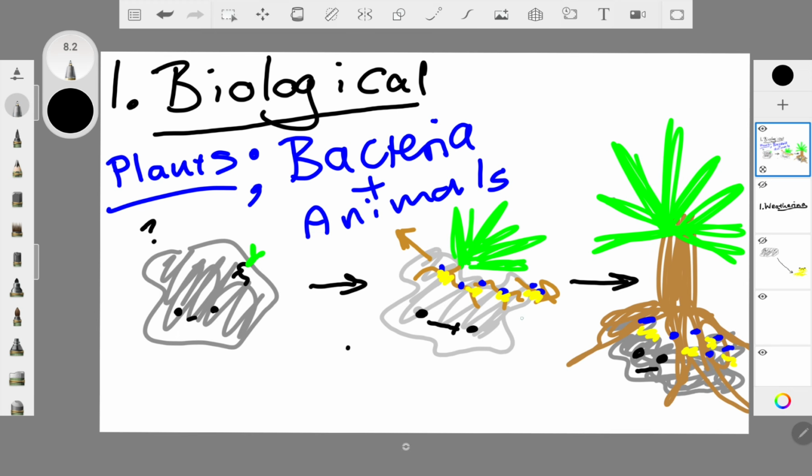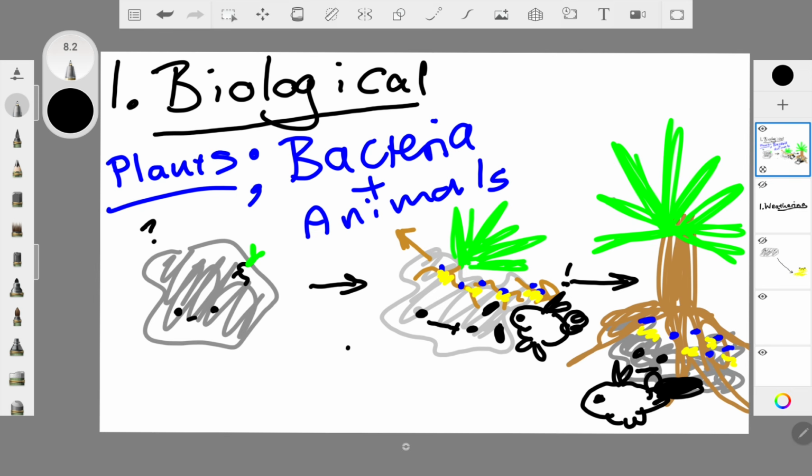So let's say we've got a little rabbit. He sees this, he thinks, oh, this would be a nice home. He digs holes in there, he breaks it apart, and over time, we've got little rabbits also making the rock into a home, breaking it down even more.